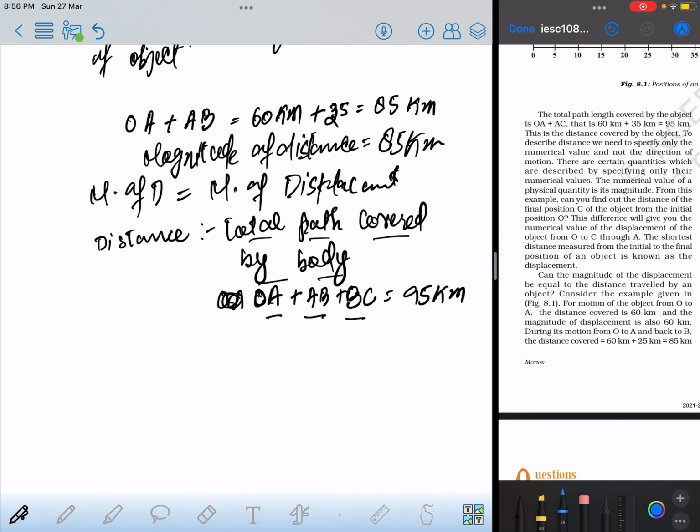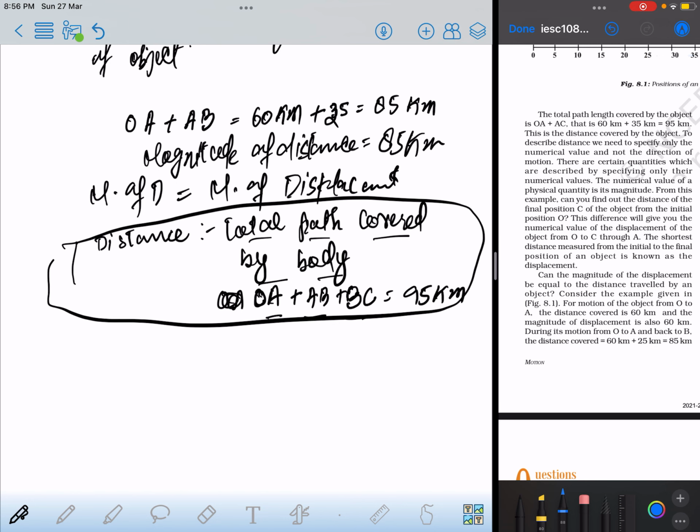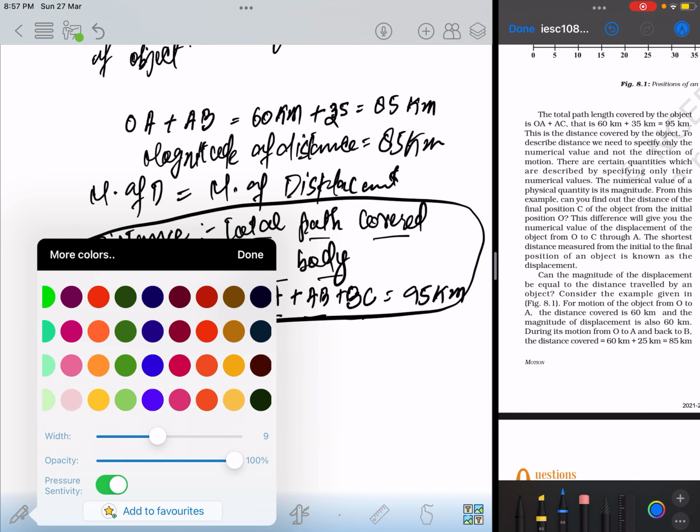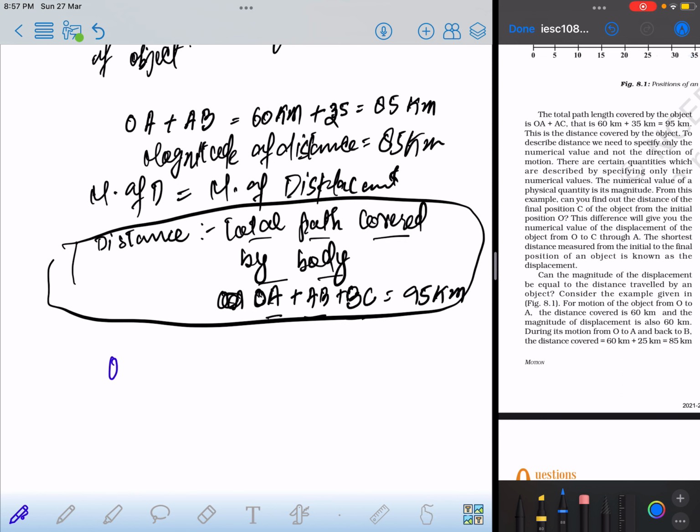Now the question which was asked by the NCERT was, can the displacement and the distance magnitude be equal? We choose this example that the body moved from O to A and A to B. What is the magnitude of O to A plus A to B?